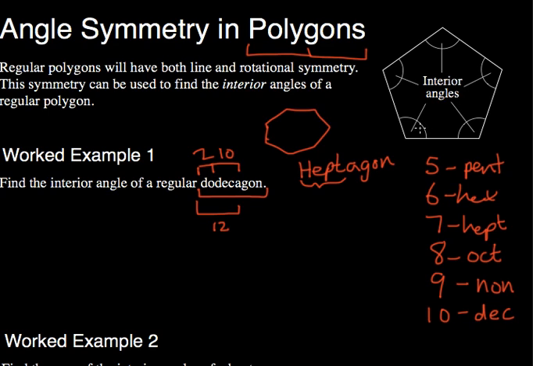So if we're looking at a regular polygon, that means that all of the angles inside the shape are equal. They're all the same. And if we know that inside any shape you can make it up with triangles, you could cut this into triangles like this.